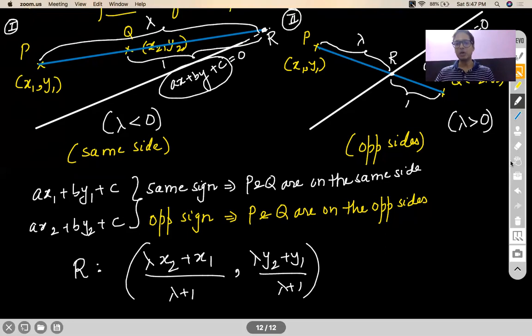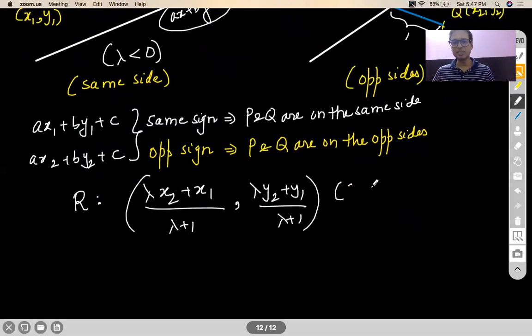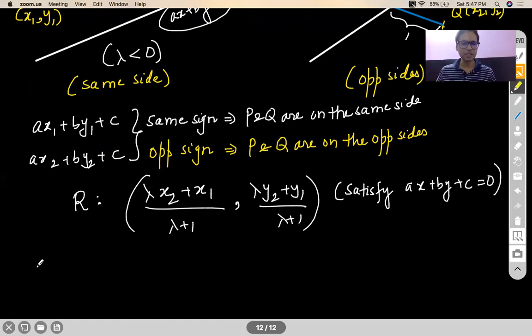Okay. Now this R will satisfy the given line ax + by + c = 0, right? Because R is on the line. So when I put this in place of x and y in this line, what will I get?